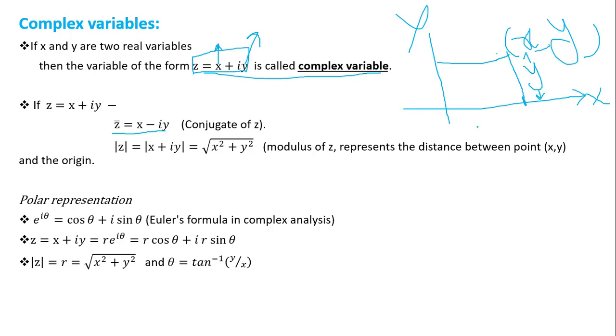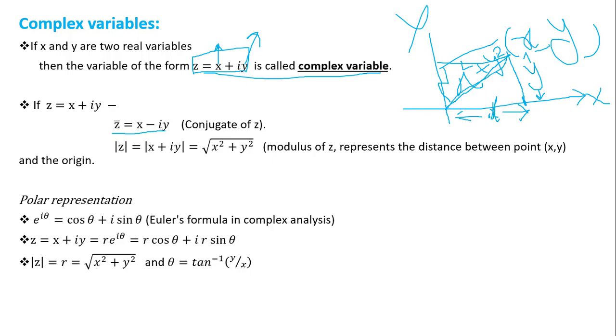This distance is y, and this distance is x. Then this is mod of z. What is the value of this? We can use the Pythagoras theorem here. So this is equal to under root of x square plus y square. This is called modulus.